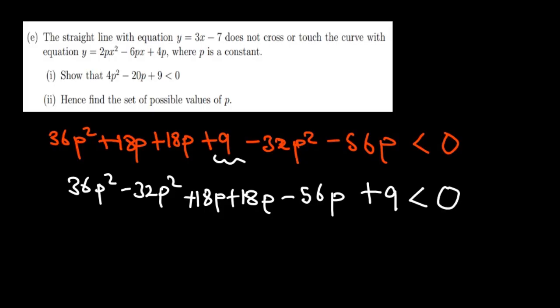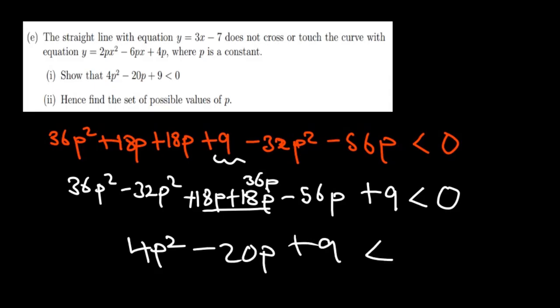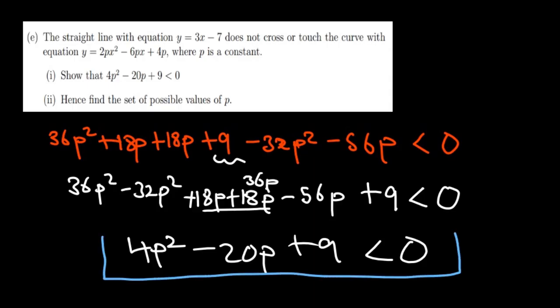So 36p squared minus 32p squared is going to give me 4p squared, and then 18p plus 18p is going to give me 36p, and then 36p minus 56p is going to give me minus 20p, and then plus 9 is less than 0. So we have answered the first part. We have shown that 4p squared minus 20p plus 9 is less than 0. So that's how we show.